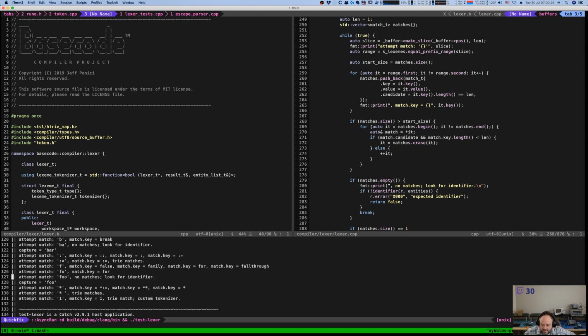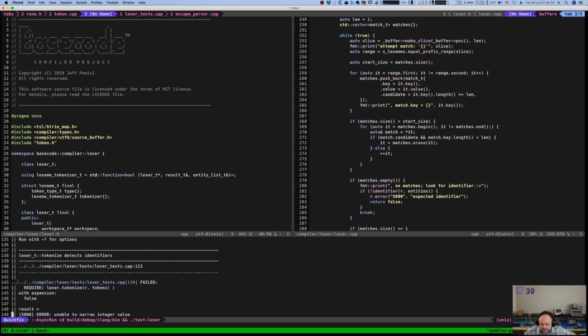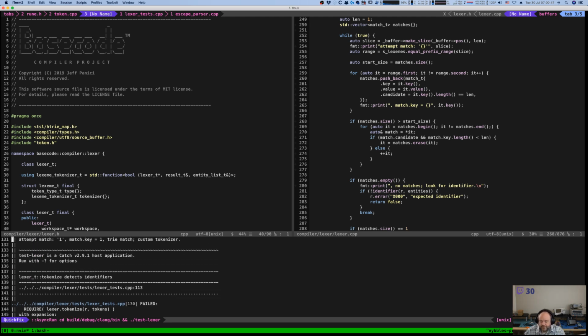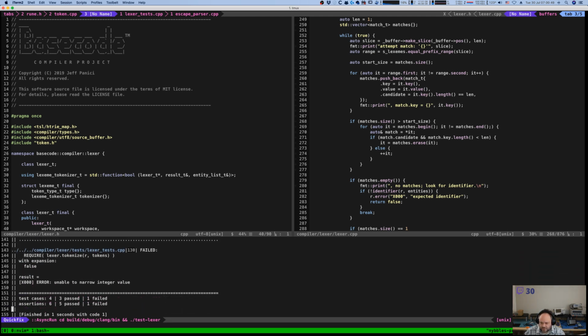We get foo again. We get star. So there are 1, 2, 3 possibilities with star. We actually end up matching on just the multiply operator. And then we get to 1, and that's a custom tokenizer. Then we bomb because it's saying it can't narrow that integer value.